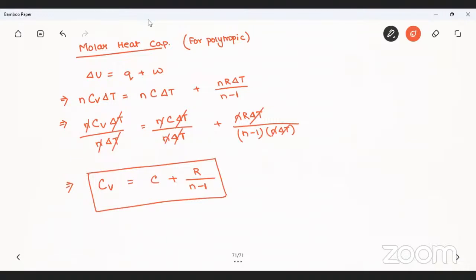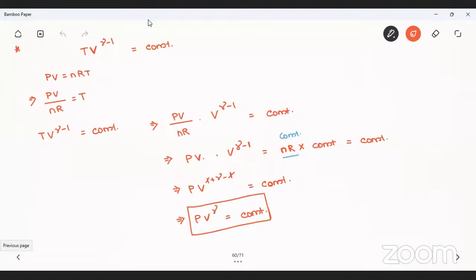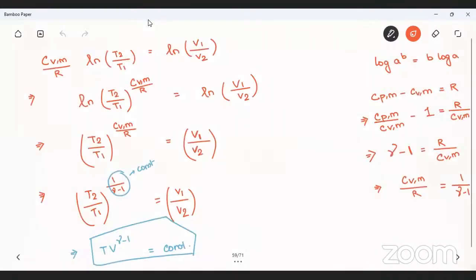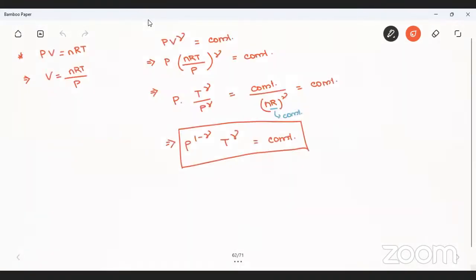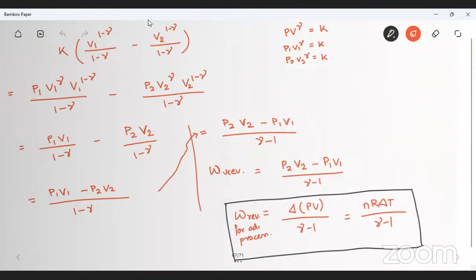And Cv is R by gamma minus 1. From where did I get this? Today's class only we have done. From here, we have got that Cv is equal to R by gamma minus 1.